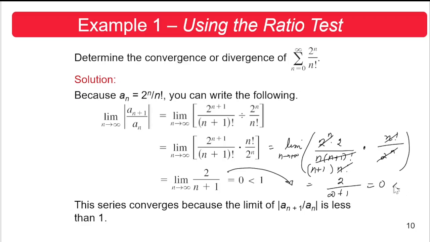Because 0 is less than 1, we can therefore conclude that this series converges absolutely, because the limit of the absolute value of a sub n plus 1 over a sub n is less than 1. Or this series converges because the limit of the absolute value of a sub n plus 1 over a sub n is less than 1.